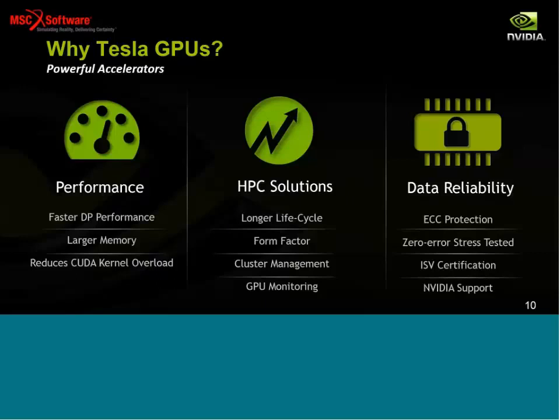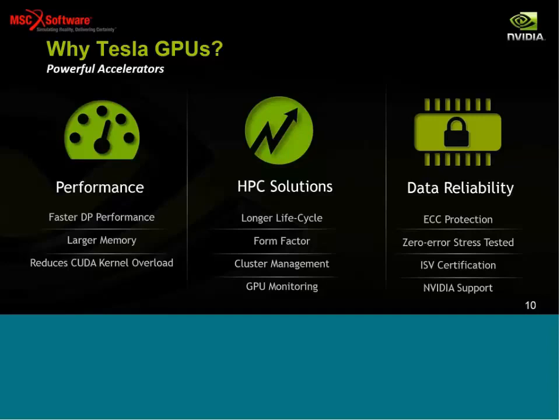First, Tesla is much more than just a GPU board. It is a computing platform that combines GPUs and a whole comprehensive ecosystem of software developers, software vendors, and data center system OEMs that give you unrivaled performance.